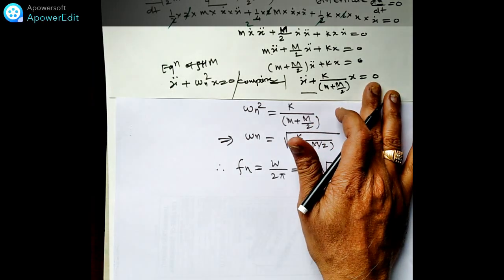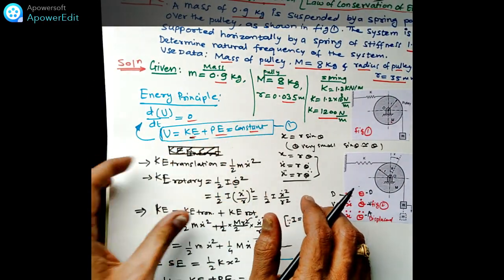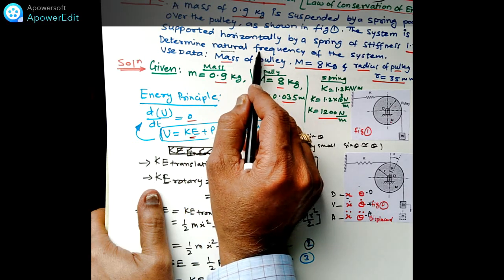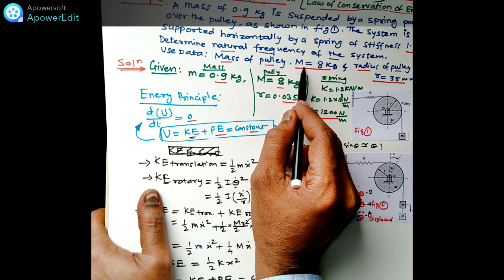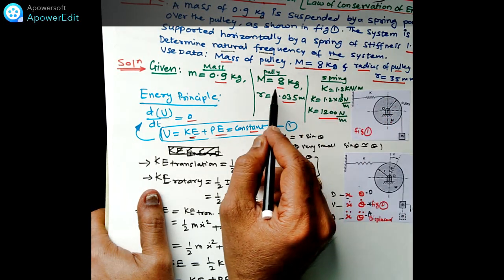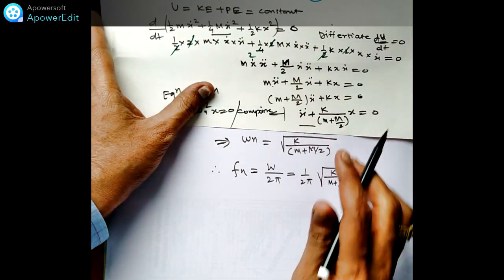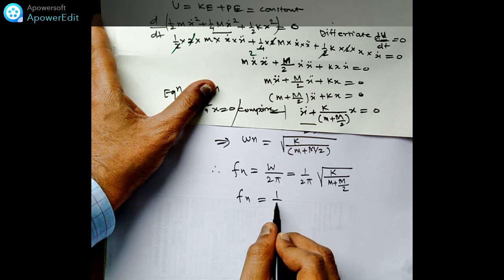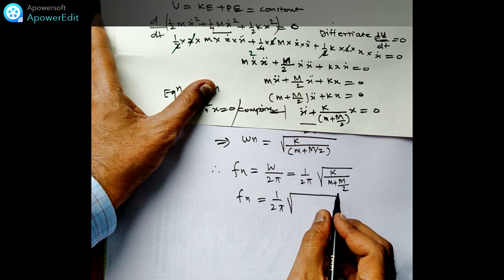So what is given in the numerical, what do we have to find out here? These values are given to you, okay. We have to determine the natural frequency of the system. The value of m, r, small m, and k are given to you. So put these values in this equation. So Fn is equal to 1 upon 2 pi under root k.